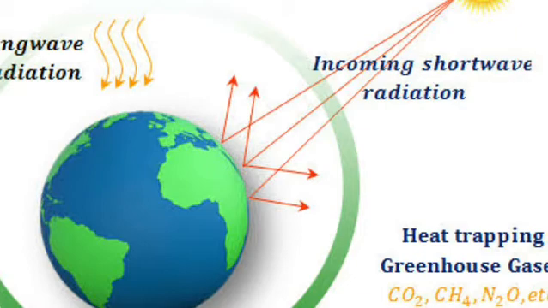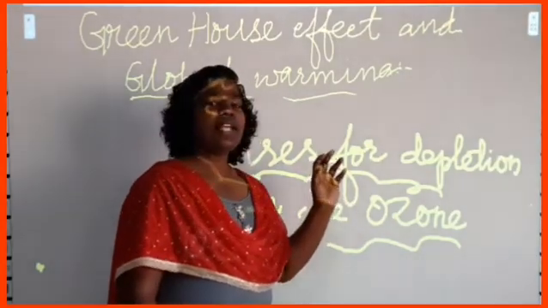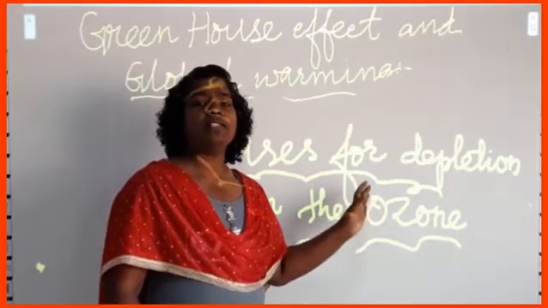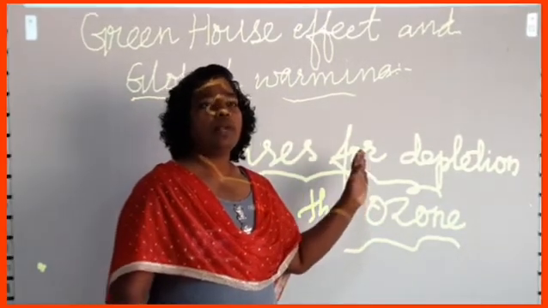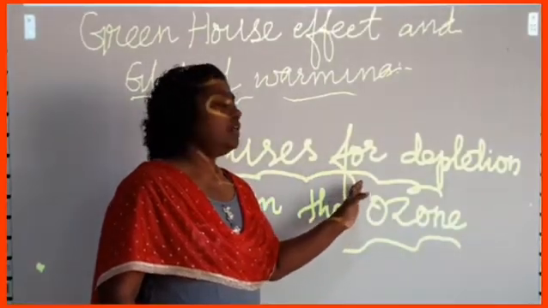We know these are harmful rays. These rays affect human beings. They cause sunburn, cataract and birth deformation, and may affect plant growth on the surface of the earth. So in that way, the stratosphere is helpful for us, because it protects the earth from the harmful rays of the sun.